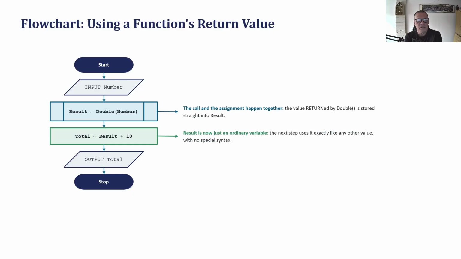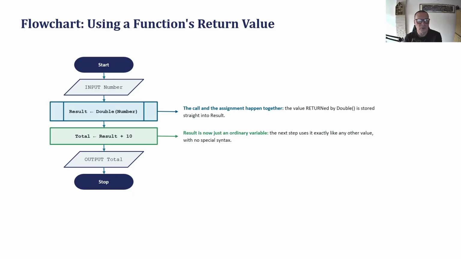And in CIE problems that you get in exam papers, you will often see that you're calling a function, you're getting a result back. And it's usually done like this. So you do some steps in your flowchart first, then there'll be a call to a function that will produce a result that you need to store.